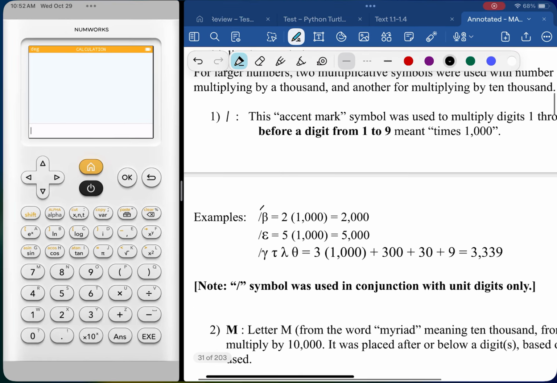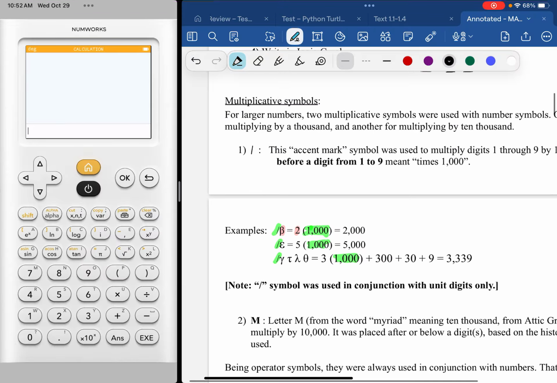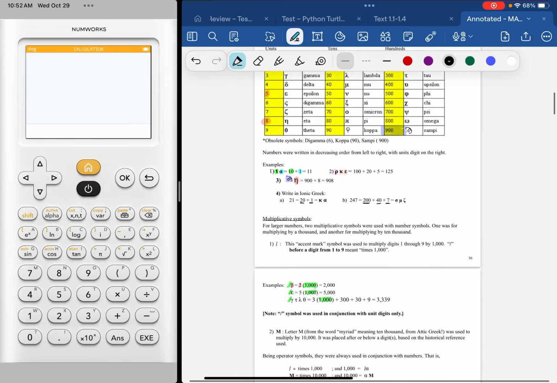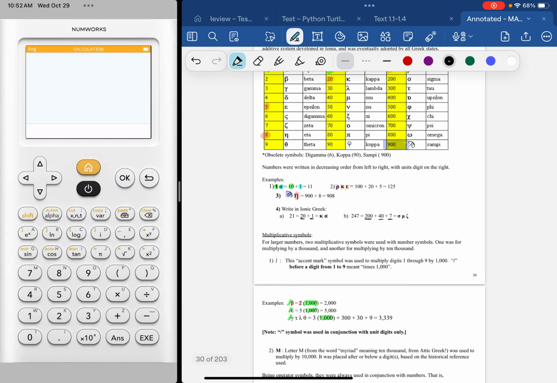If I have a beta with a little slash in front of it, that beta is the 2. The slash means multiply by 1,000. So each of these slashes means multiply by 1,000. And so no matter how complicated the number is, we always have the ability to multiply by 1,000. All right, so we have a delta, sorry, gamma.